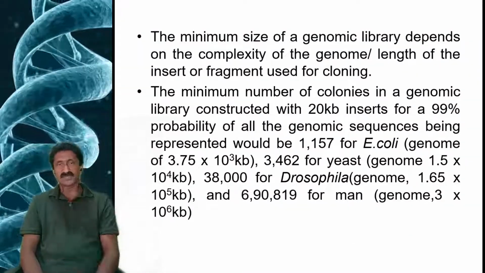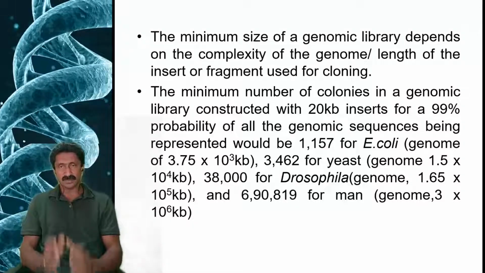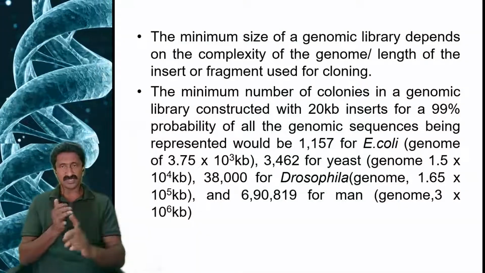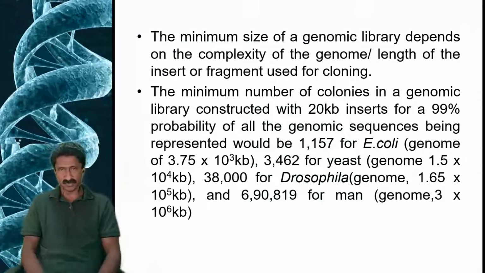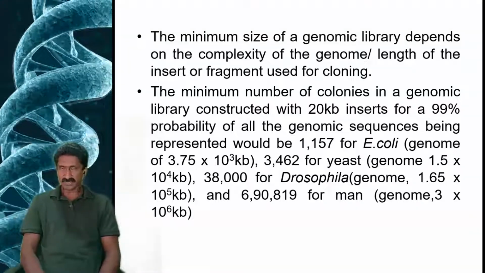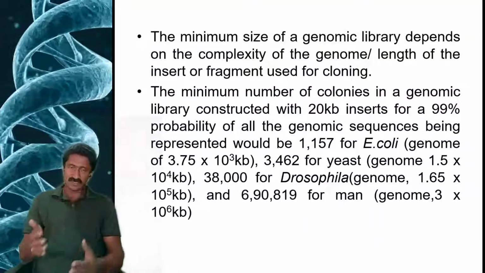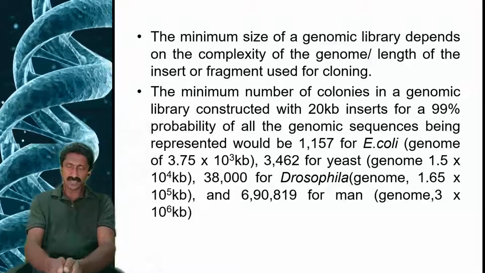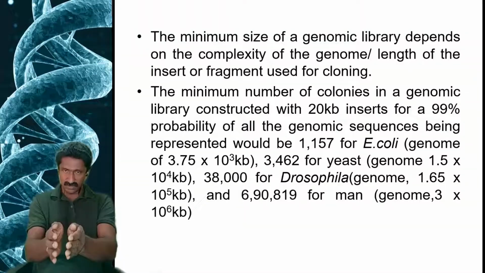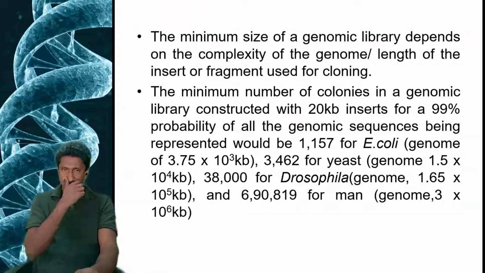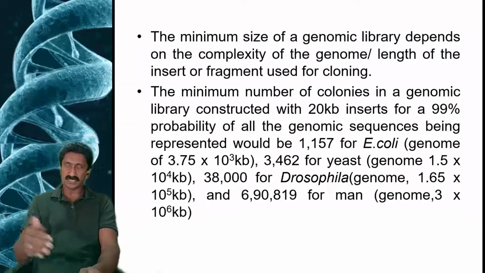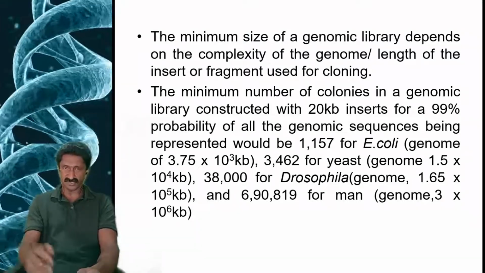So the minimum size of the genomic library depends on the complexity of the genome and the length of the insert, or the fragment that is to be cloned. So the complexity means maybe you can break the entire DNA into 10,000 fragments and represent it in 10,000 different vectors.